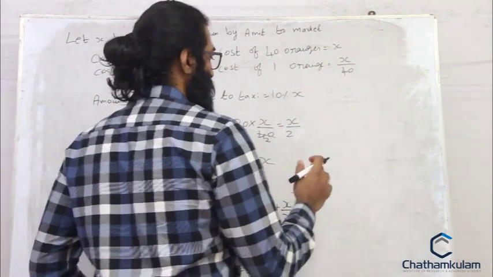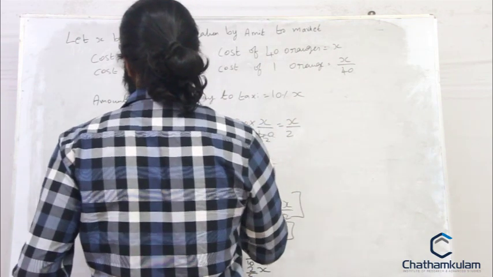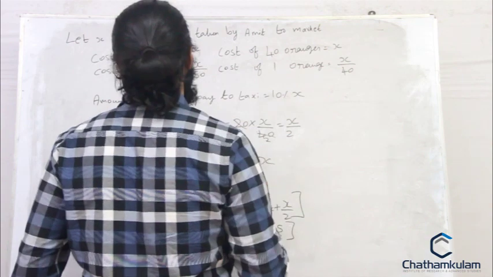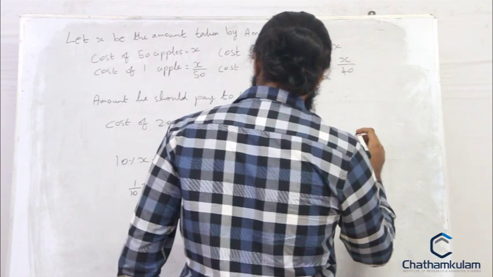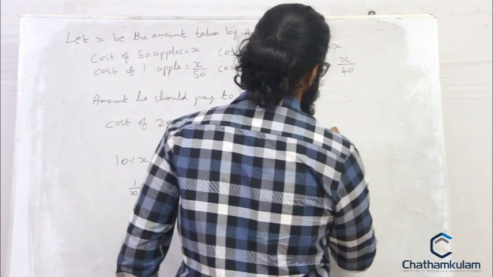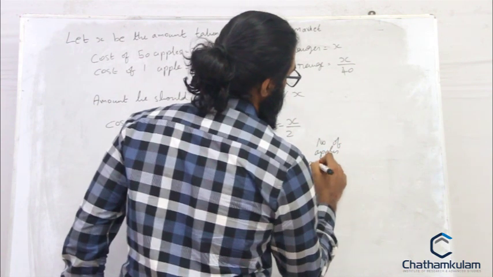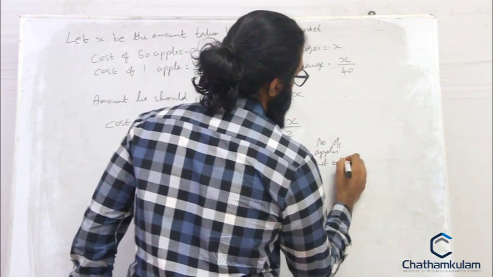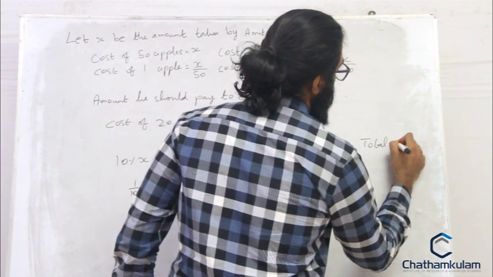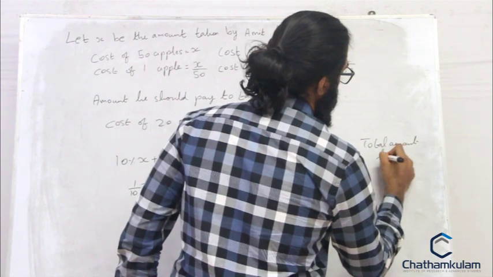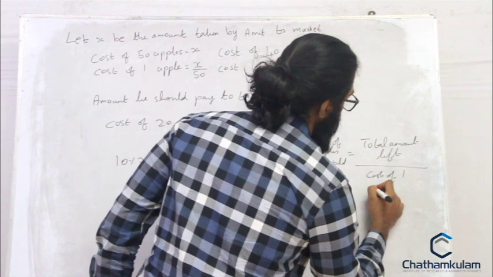So with this amount, how we have to find how many apples he could buy, right? So the number of apples Amit could buy is equal to total amount left divided by cost of one apple.